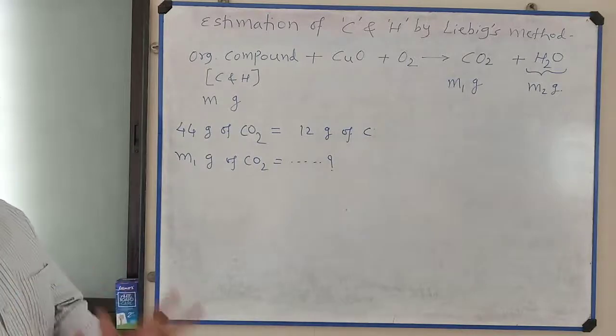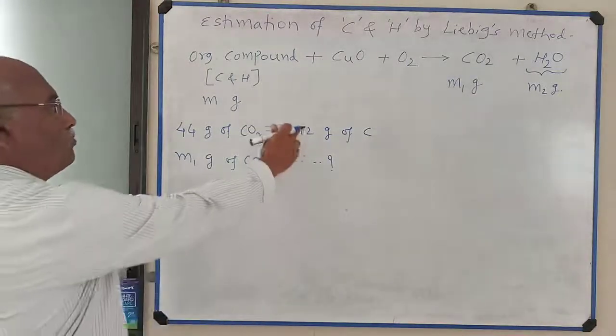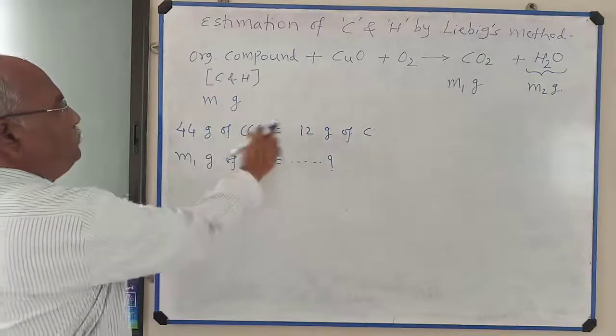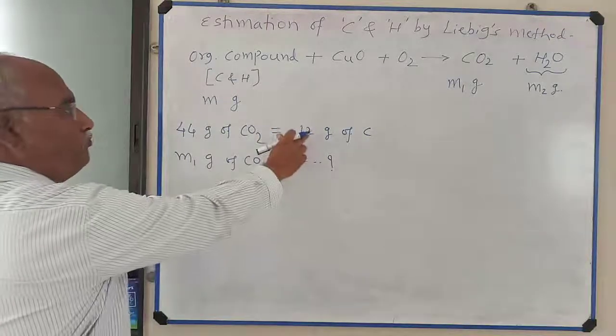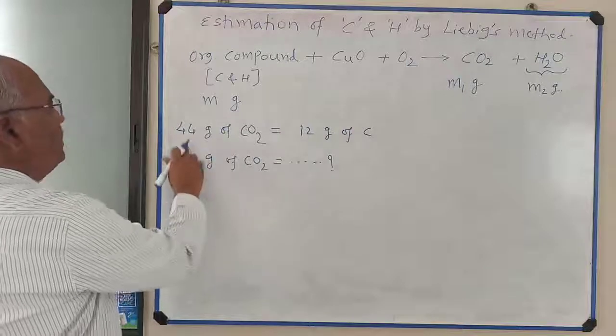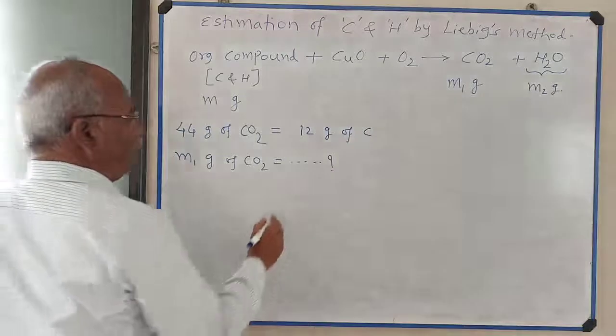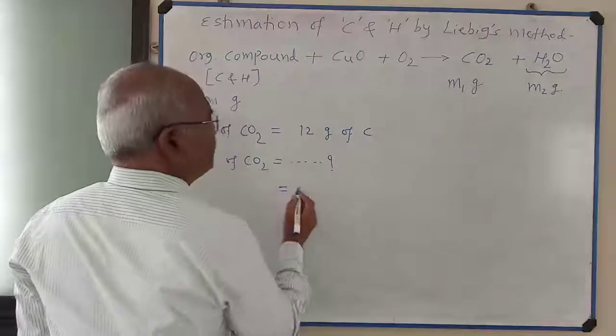That is what we are going to find out. Cross multiplication: m1 into 12 divided by 44.